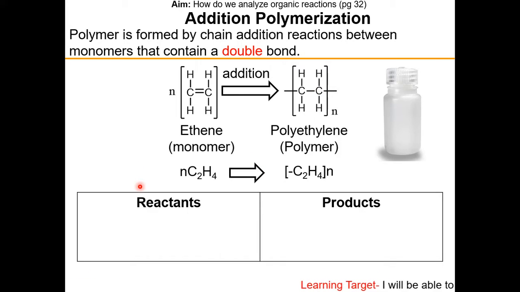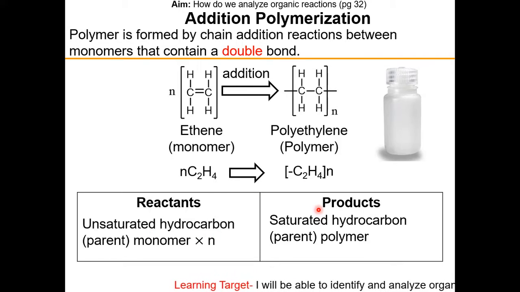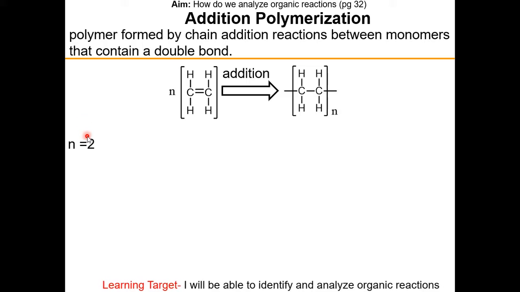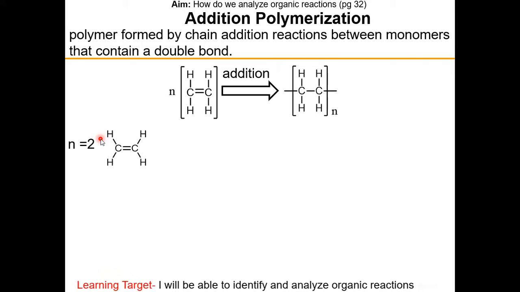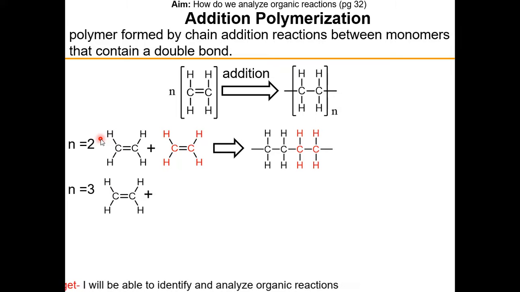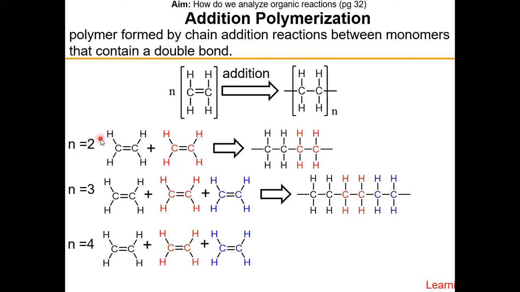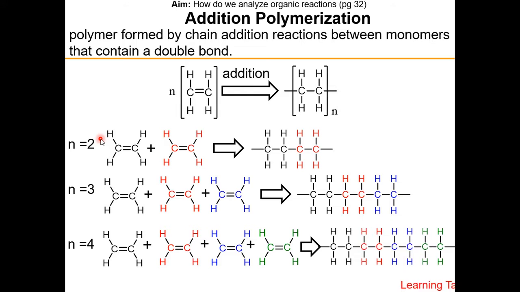In summary, for addition polymerization, for the reactants, you have an unsaturated hydrocarbon monomer times N, and for the products, it is a saturated hydrocarbon polymer. When N is equal to 2, you have two monomers reacting together to form a polymer. If N is equal to 3, you have three monomers reacting together to form a polymer. If N is equal to 4, you have four monomers reacting together to form a polymer.